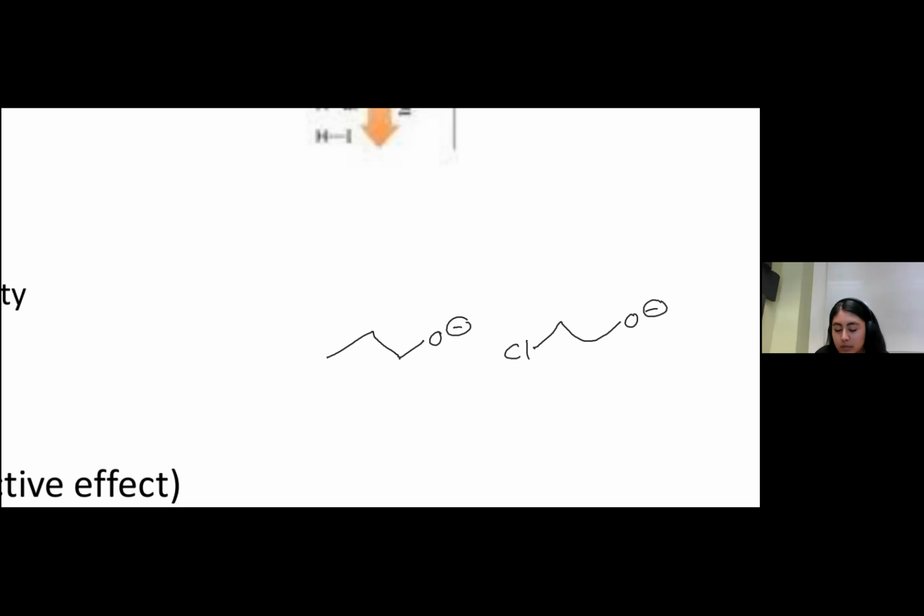We talked about how electronegative atoms like Cl pull electron density towards themselves as a partially negative charge, and they create, let me redraw this bond right here, they create partially positive charges. So let me draw those, partially positive, partially positive.